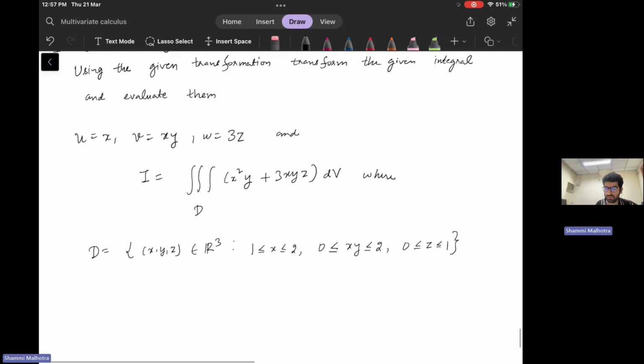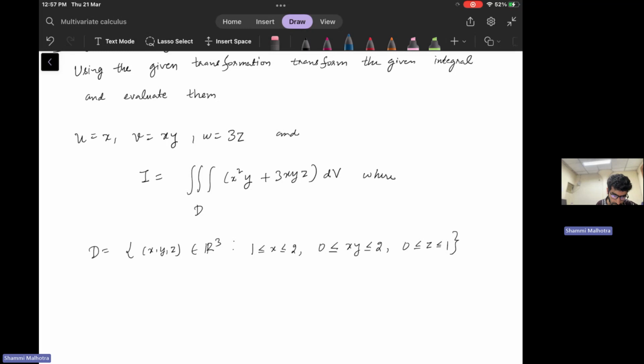So one of the transformations we have to naturally consider is taking the variable xy as another variable. That's the transformation we are already taking here. So let us evaluate. So how do we evaluate the thing? Basically we have the variables given in u, v, w form.